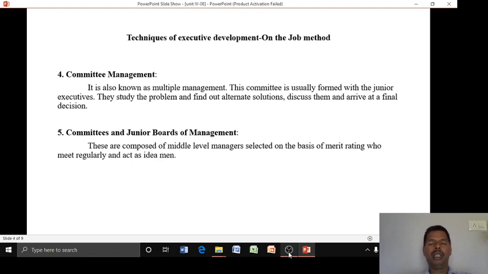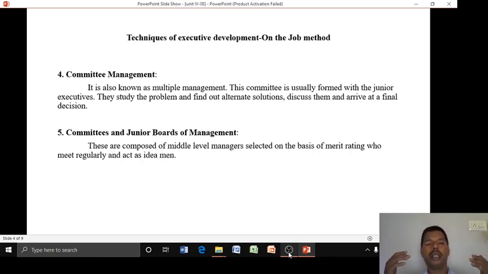Next one is committee management. It is also known as multiple management. This committee is usually formed with junior executives. They study problems, find out alternative solutions, discuss them and arrive at a final decision. So the junior executives committee will be formed by the senior level managers, and an issue will be addressed to them.